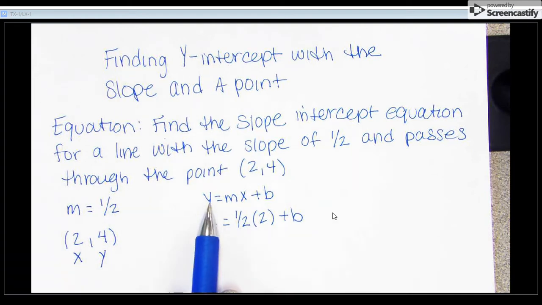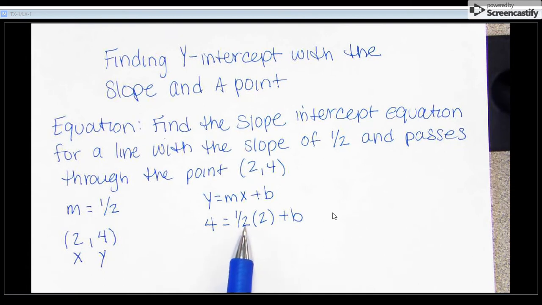Now, instead of my equation being y equals mx plus b, I use the information that I got from the problem to get 4 equals 1/2 times 2 plus b. Now, I'm going to multiply my slope by the value x.